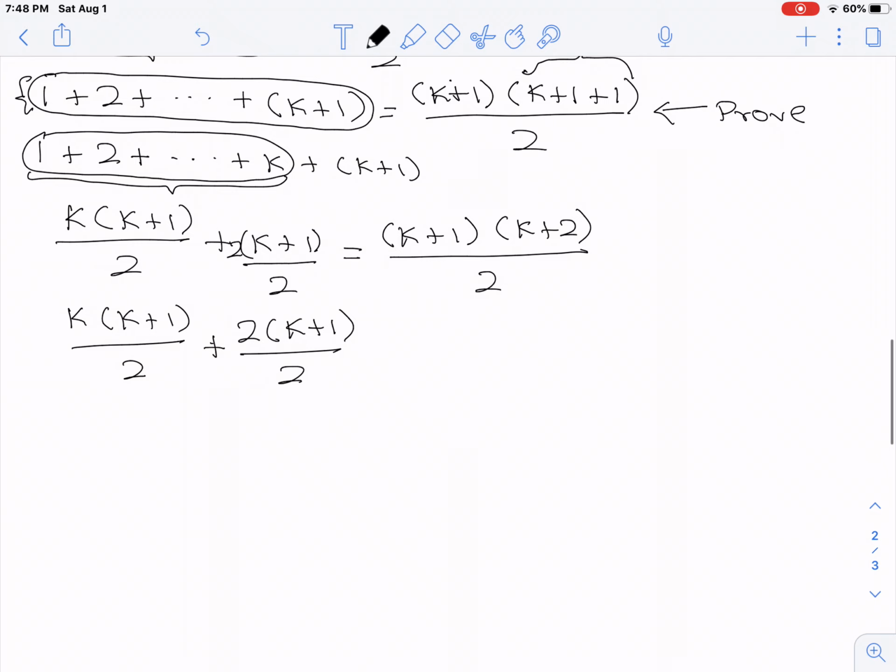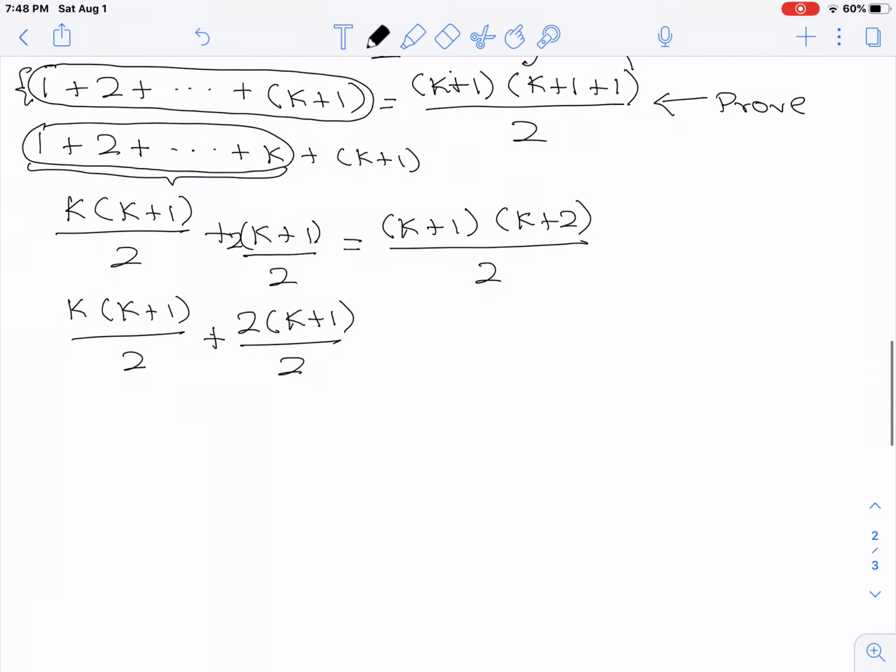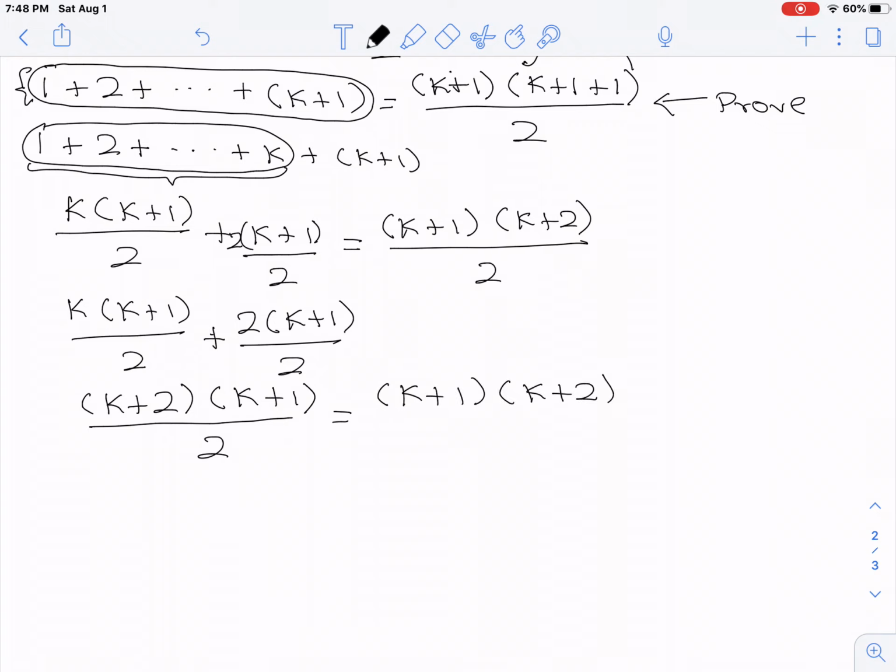So now we can factor this into k plus 2 times k plus 1. Basically just factoring the k plus 2 into one expression. And that is divided by 2. And that equals, on the right side, k plus 1 times k plus 2 over 2.